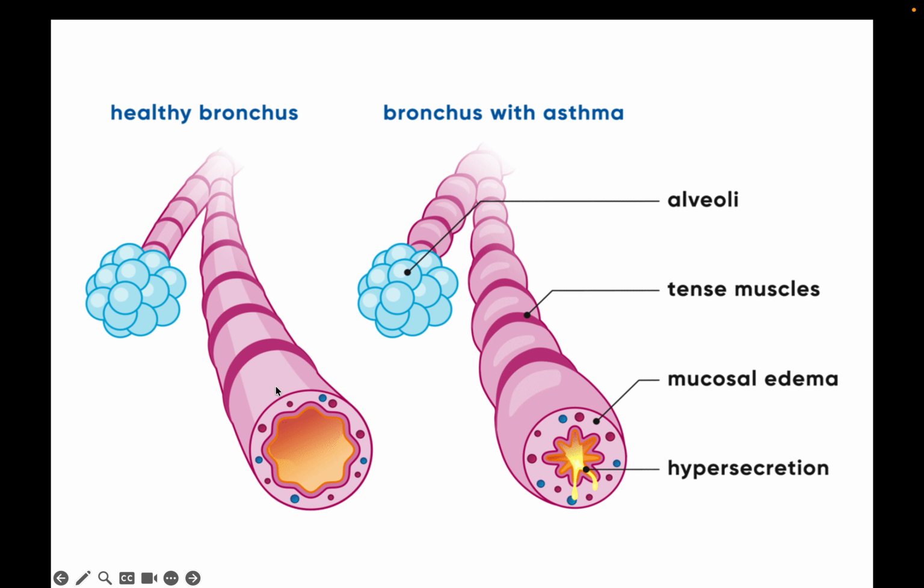This is how it should look. When you're exposed to an allergen, you're sensitized. The second time you're exposed to it, your immune cells, specifically your mast cells and basophils, start to release the histamines and all these different things from the beginning, which cause the bronchi to become much more inflamed.